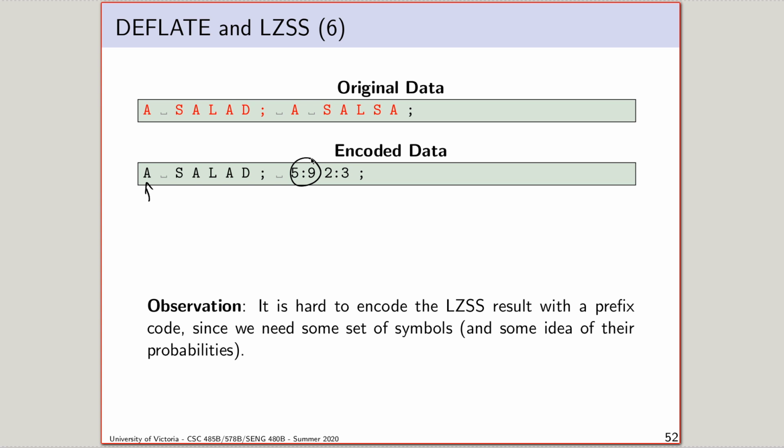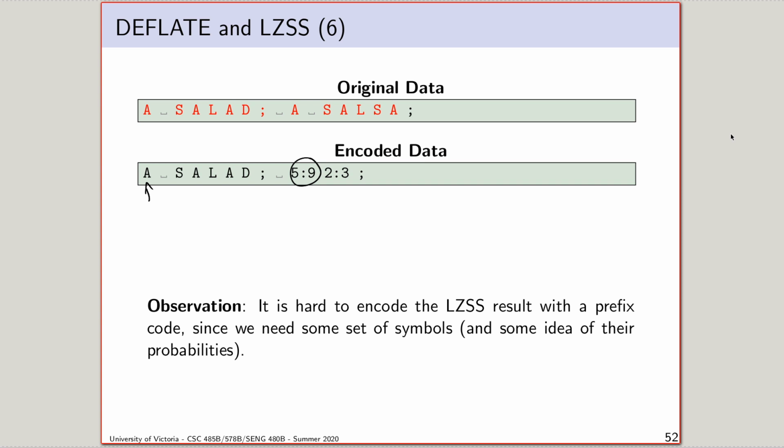There are a lot of problems with that, but the big one is that it defeats the purpose of a prefix code, which is that I want back references to have frequency greater than 1. If I have a different symbol for each back reference, how likely is it I'm going to see too many 5:9s? Or, more concisely, things like 10,000:15? That's a hard one, and so there's a need for some nuance there.